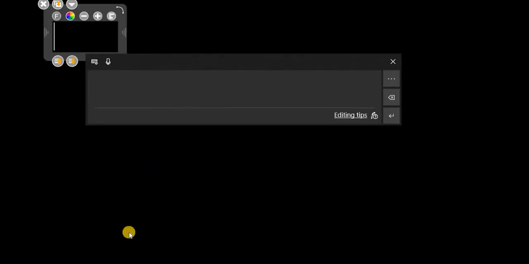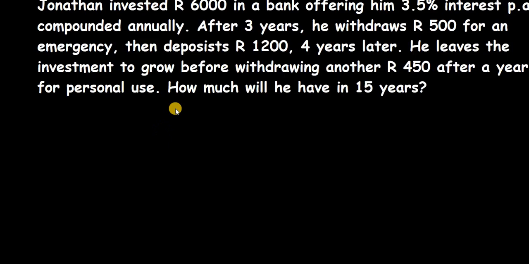Now let's have a question here, right? I'm gonna just try and type it because I know my handwriting is a bit off. So now Jonathan invested 6,000 in a bank, offering him 3.5% per annum compounded annually. So that should tell us already that here we're dealing with 6,000 rands as our principal amount, right?